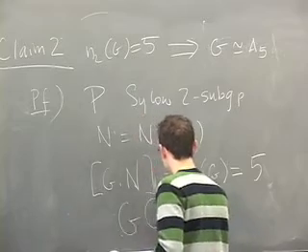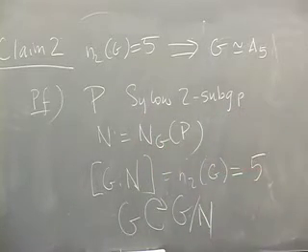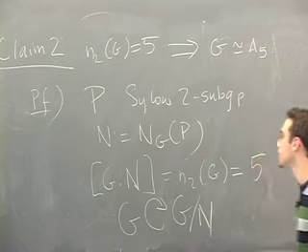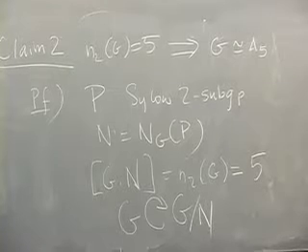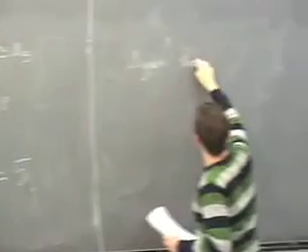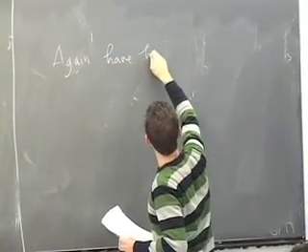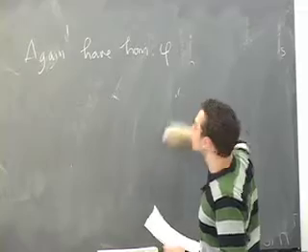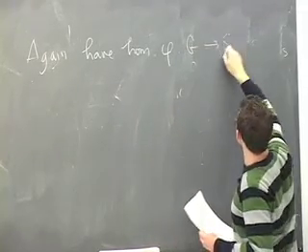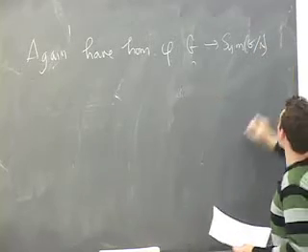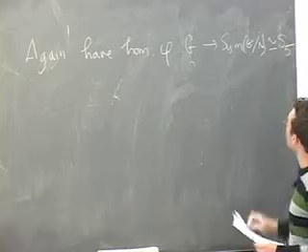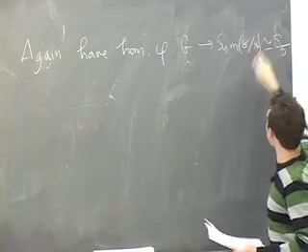And again, we have an action of G on the coset space G mod N. And so again, we have a homomorphism phi going from G to Sym(G mod N), which in this case is isomorphic to S5 because G mod N has 5 elements.